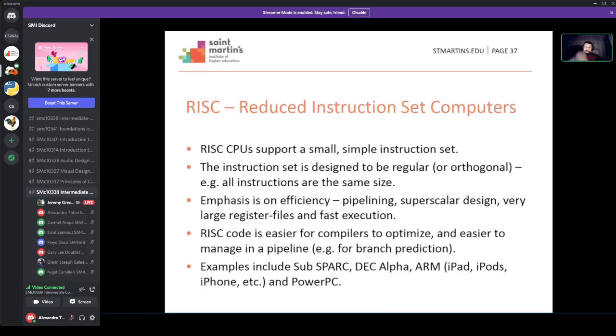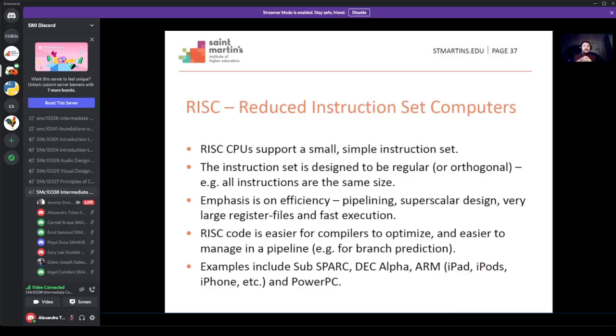However, on the other side of the fence, you have what are known as RISC computers, or reduced instruction set computers. Essentially, a RISC CPU is very small by design and has a very simple instruction set, which basically means that the instruction set is designed to be as regular or orthogonal as possible.